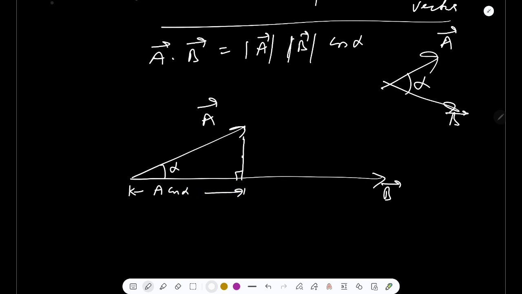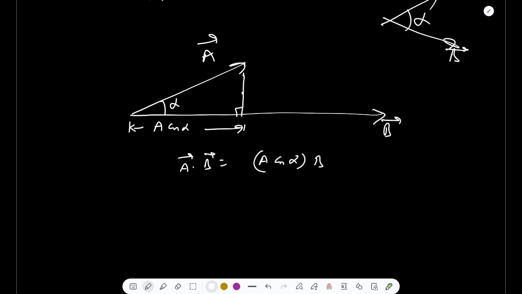And the dot product of two vectors A dot B is A cos alpha multiplied by B, that is the magnitude of vector B, and A cos alpha is the projection of vector A onto B multiplied by the modulus of vector B, and vice versa.